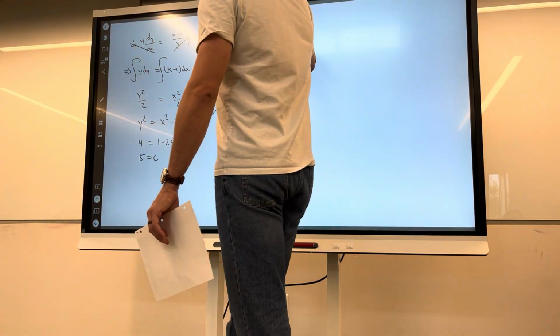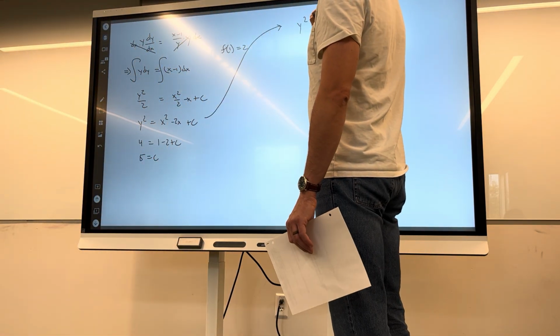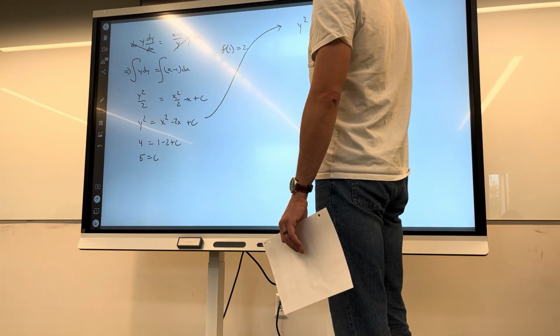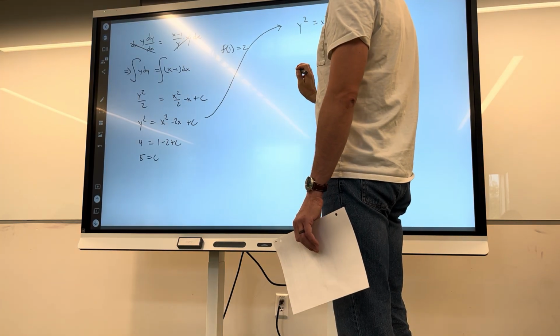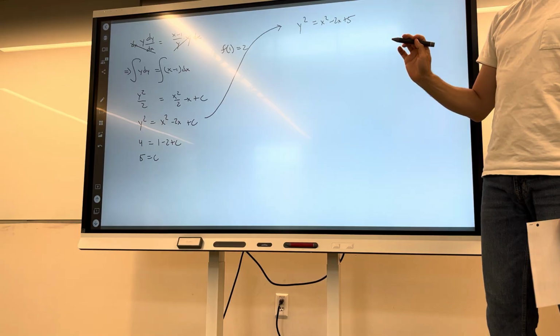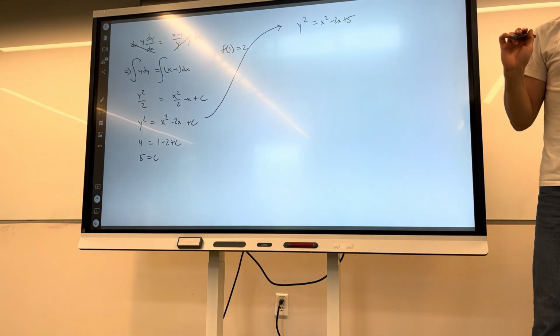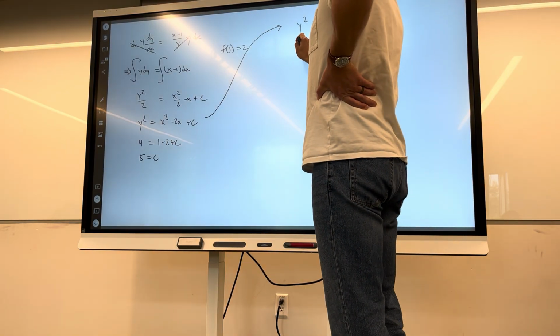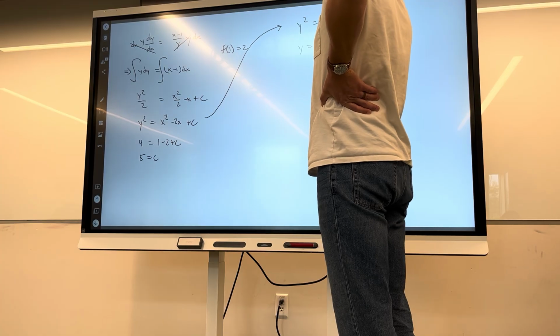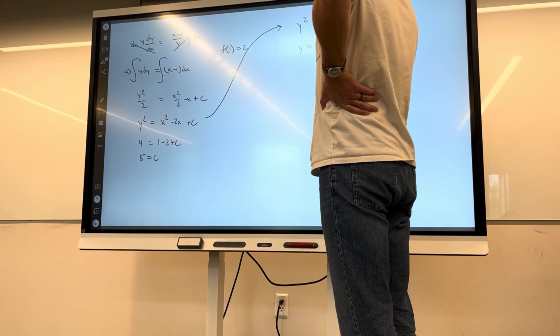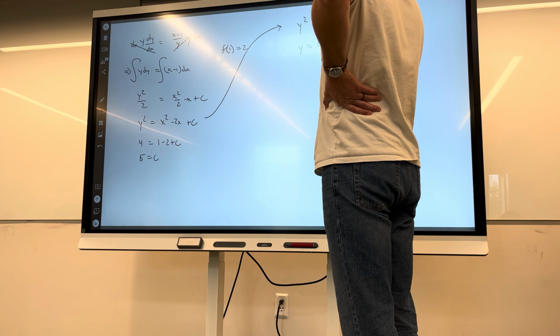So plugging that in, I end up with y squared equals x squared minus 2x plus 5. And now I just need to solve for y. So I get y equals plus or minus the square root of x squared minus 2x plus 5.